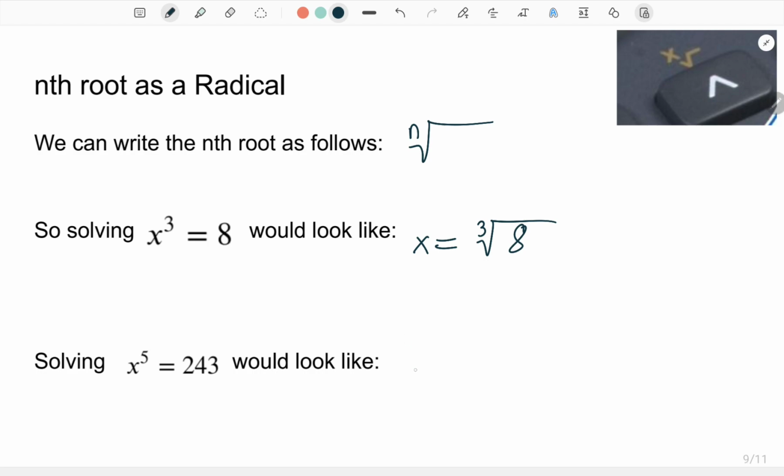Or if you want to take the fifth root, because it's x to the 5, of 243, just replace that with a 5. And there we have it. That is the notation. Technically speaking, you could put a 2 there for a square root, but if we're doing a square root, we just assume a regular radical symbol is the square root. So we don't need to include it for those ones.